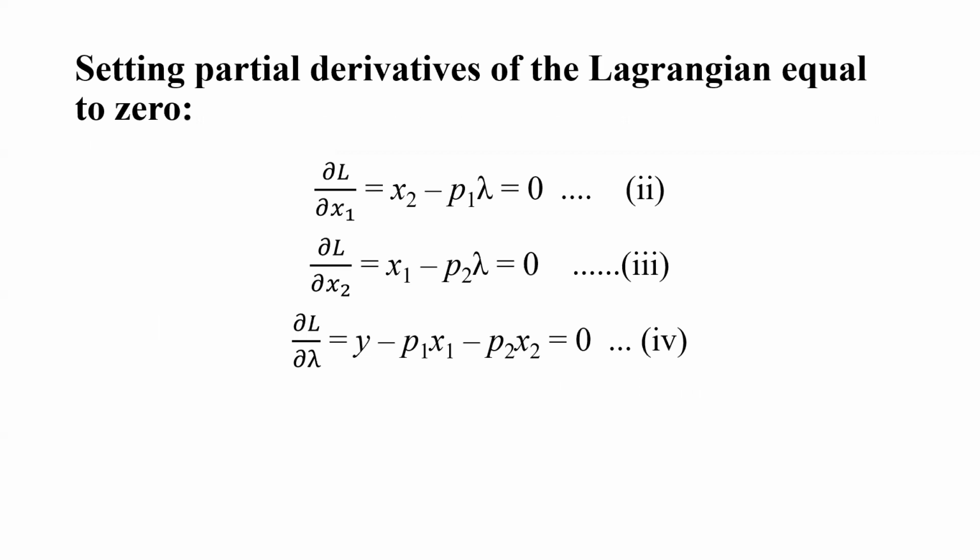The second is the derivative of the Lagrangian with respect to x1: del L by del x1 = x2 - p1 lambda = 0. The third is the derivative with respect to x2: x1 - p2 lambda = 0. The fourth is the derivative with respect to lambda: y - p1 x1 - p2 x2 = 0.